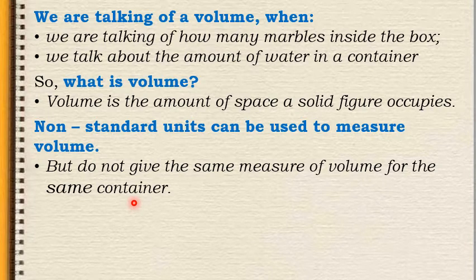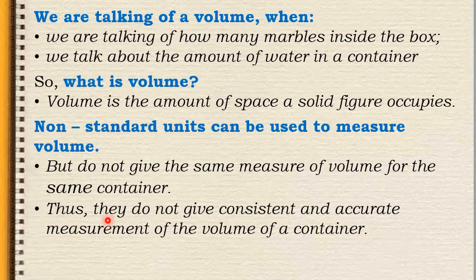Hindi magkakaroon ng accurate at parehong bilang o dami ng magkakasya sa isang container. Kasi ang tawag natin sa kanila, non-standard. Hindi naman sila magkakapareho ng sukat. And also, they do not give consistent and accurate measurement of the volume of a container.